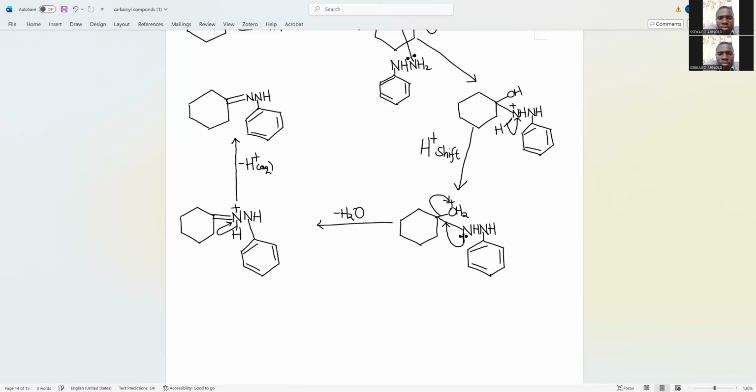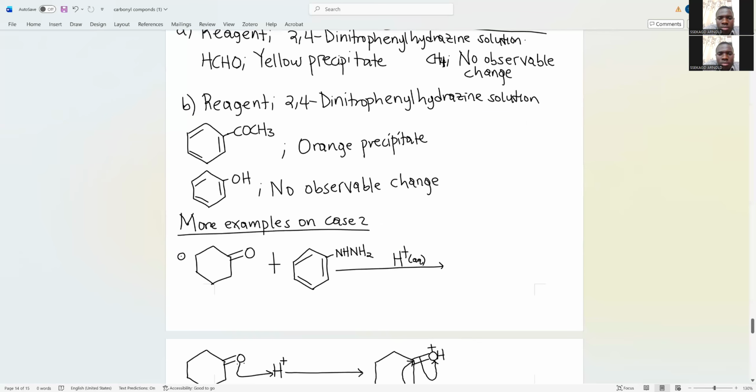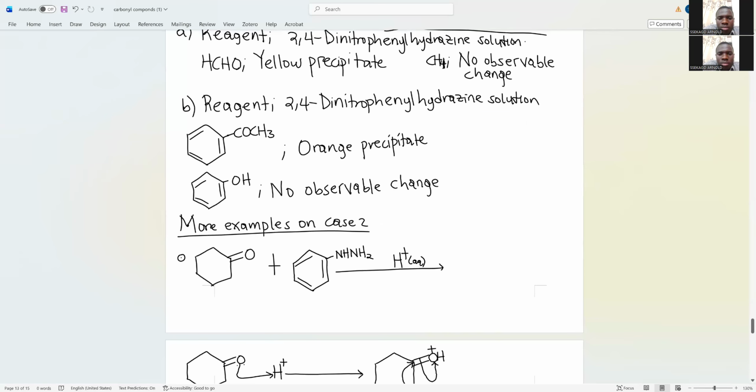Hope you still remember the name, cyclohexanone. The name is cyclohexanone phenylhydrazone. So we have this with NH.